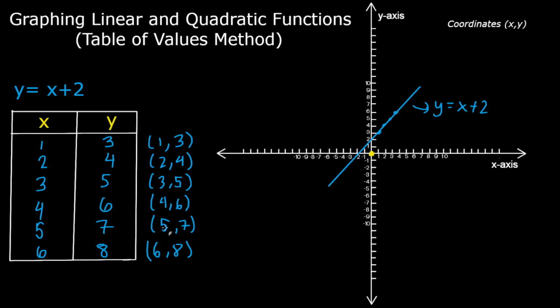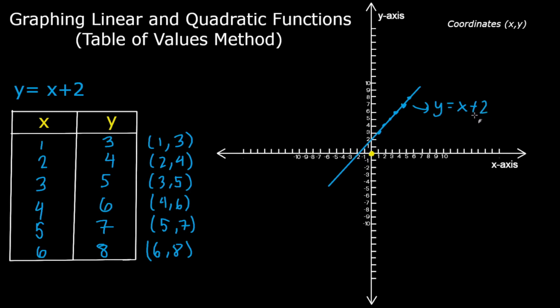And then, 5, 7. And then, lastly, 6 and 8. Now, kung mapapansin nyo, itong mga coordinates na na-extract natin, so, nasa isang straight line lang siya. So, meaning, tama yung nakuha nating graph ng y equals x plus 2.